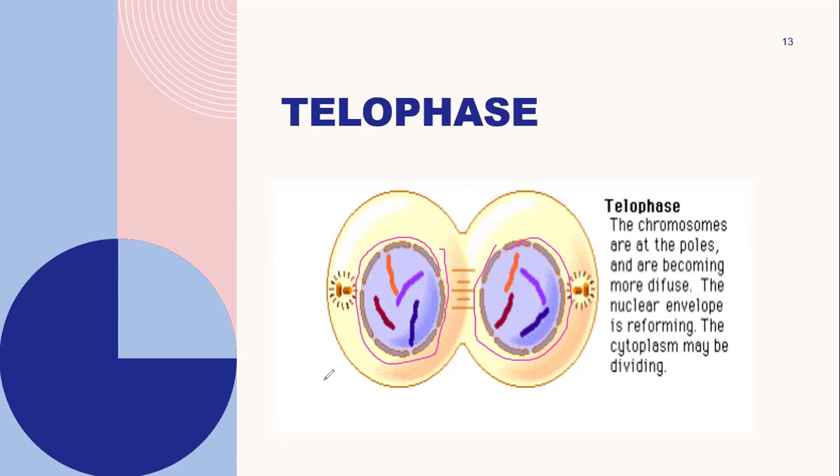So telophase moves into a stage that we refer to as cytokinesis, where the cell is now going to divide into two. So the cytoplasm constricts around each, as well as the cell membrane, to allow these two cells to separate, okay?